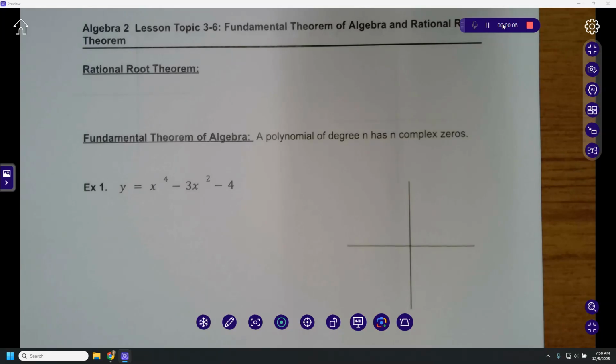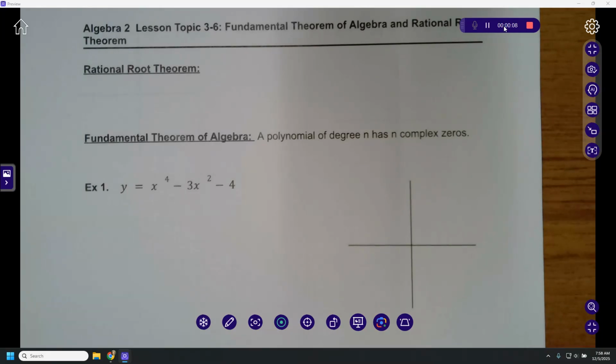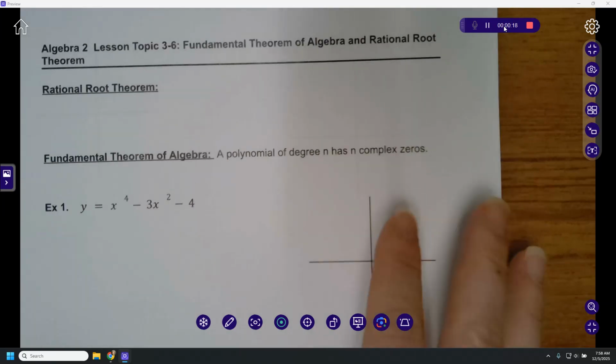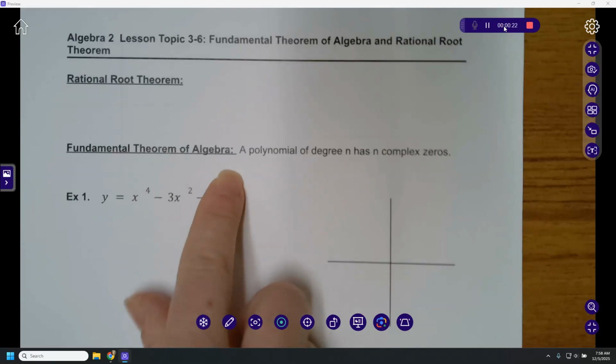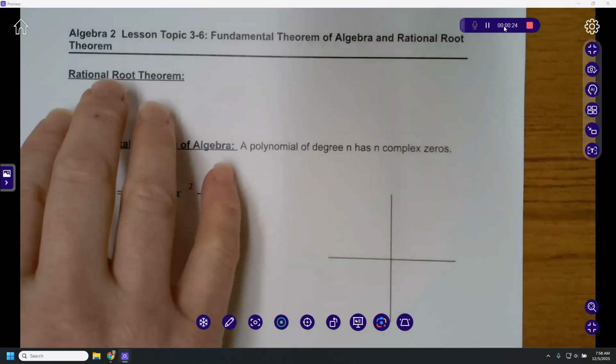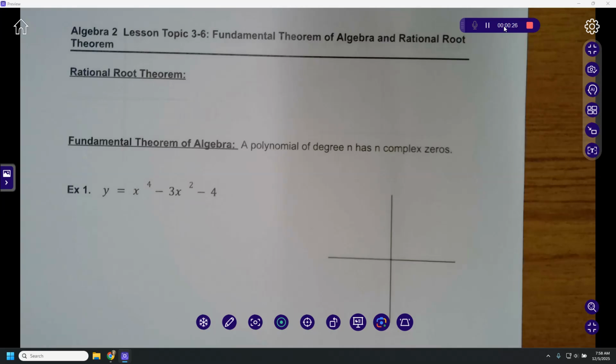All right. We are all about zeros today. Zeros or roots. So, before we talk about the fundamental theorem of algebra, which we're going to touch on today, there is a theorem which you probably are not going to appreciate very much because it's been changed by technology.